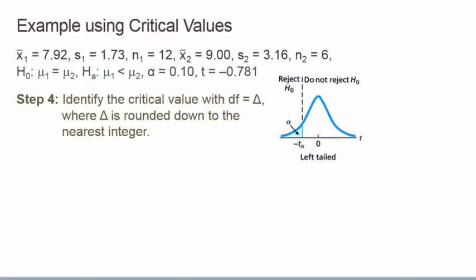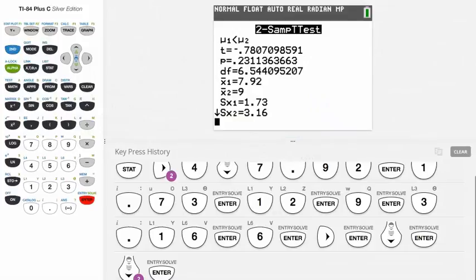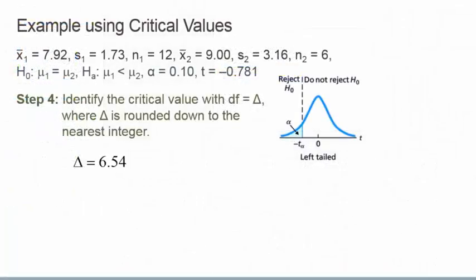Step 4. Identify the critical value with degrees of freedom equal to delta, where delta is rounded down to the nearest integer. We're going to find delta using our calculator. Our degrees of freedom are 6.544. So if delta is about 6.54, our degrees of freedom will be 6. I am now ready to find negative t sub alpha.